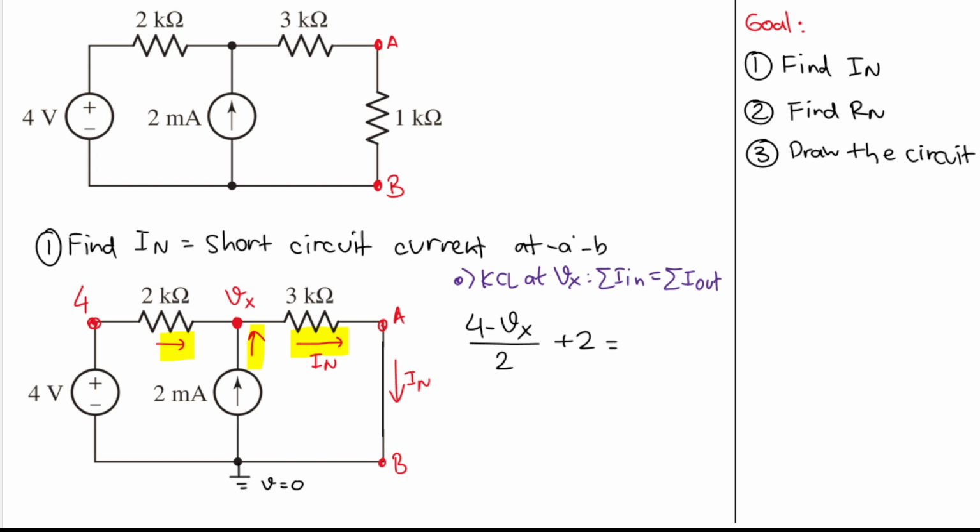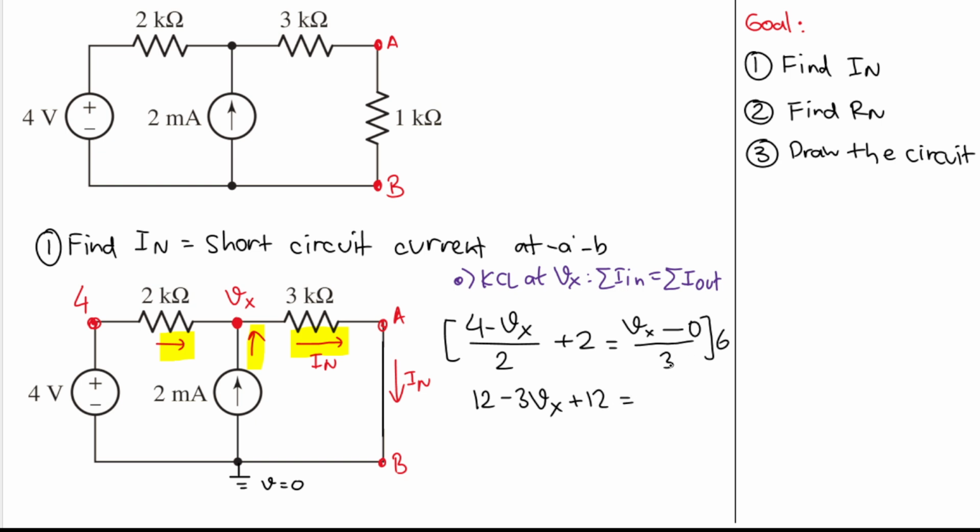So that is equal to Vx minus 0 divided by the resistance between them, which is 3. What we can do is multiply both sides by 6. 2 and 6 cancel into 3, so I will have 12 minus 3Vx, and 2 times 6 is also 12, so I will have 12 here.